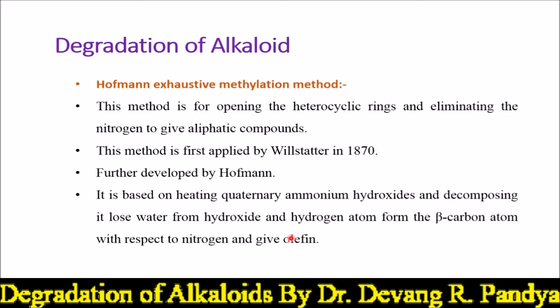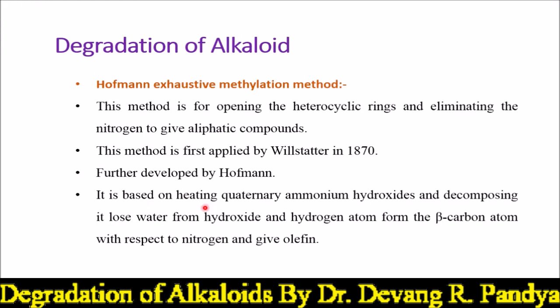It means that next to the nitrogen, the beta carbon is there, and if the beta carbon does not have a hydrogen, we will not perform this Hofmann exhaustive methylation method.